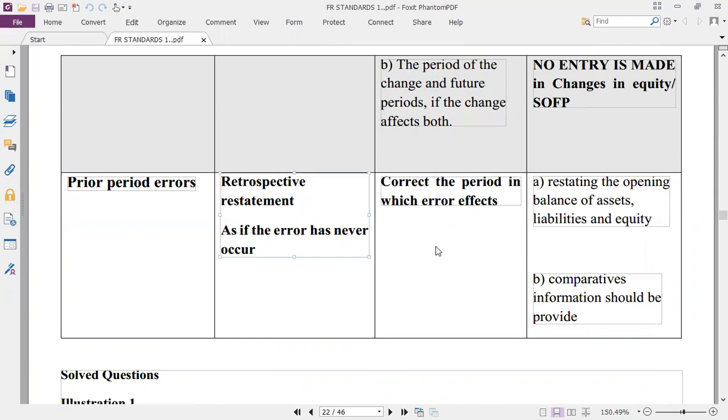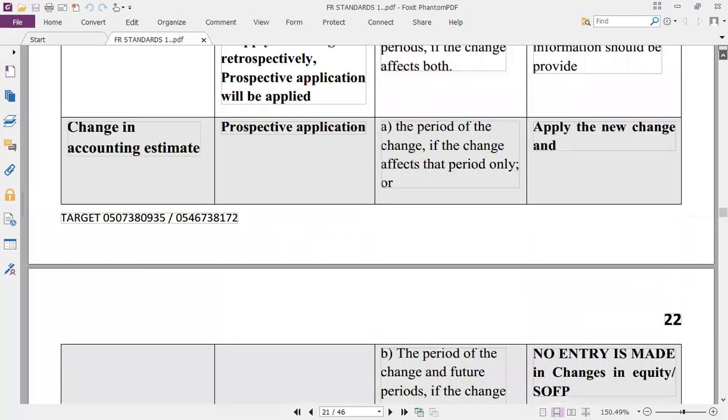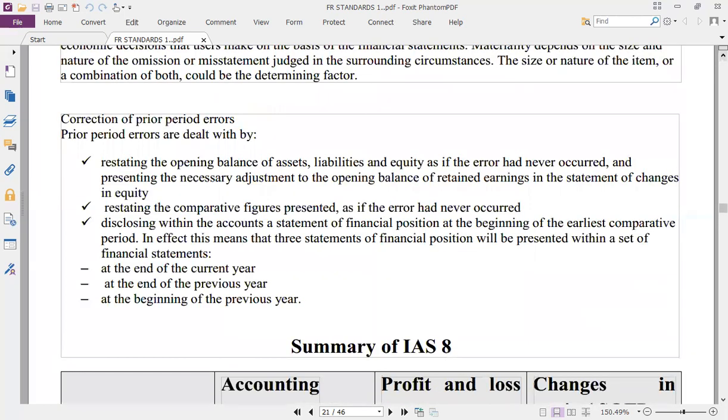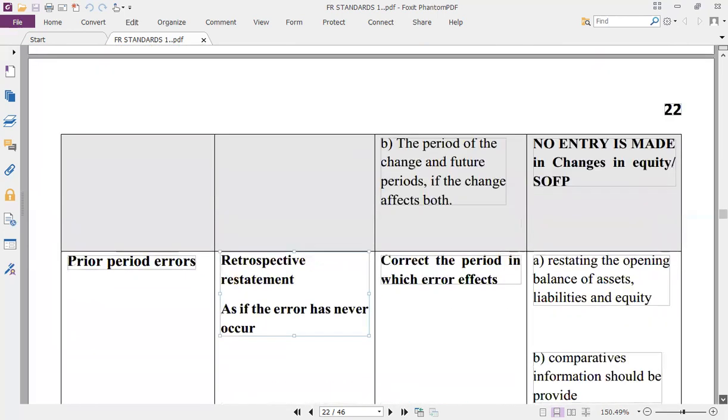Now with the correction, correct the period in which the error affects, and restate the opening balance of the assets, liabilities and equity. Comparative information should be provided. So that is it. Good. That's great.